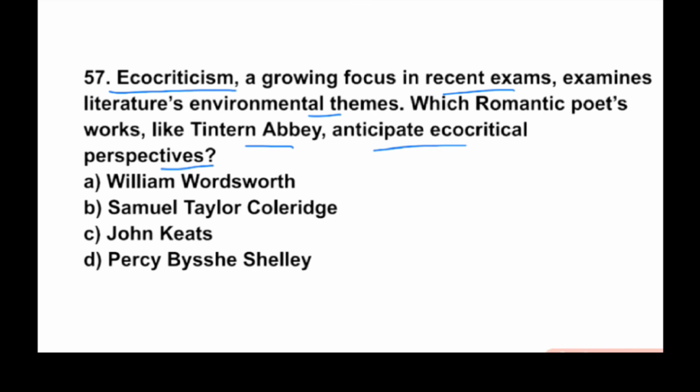Option A, William Wordsworth. Tintern Abbey, 1798, celebrates nature's spiritual and restorative power.